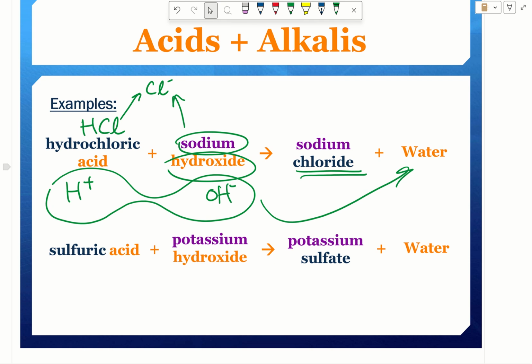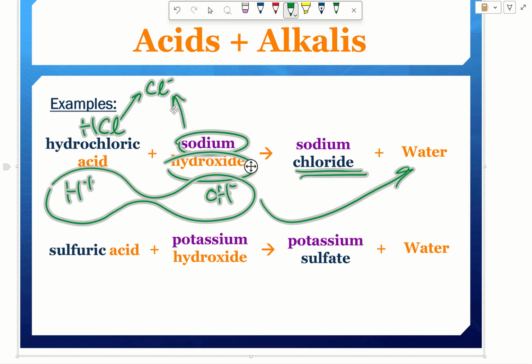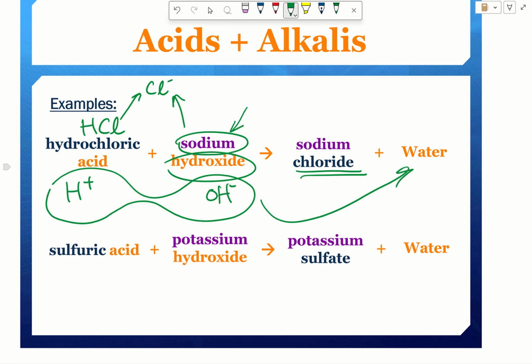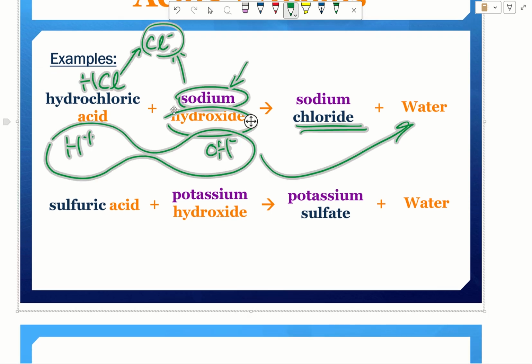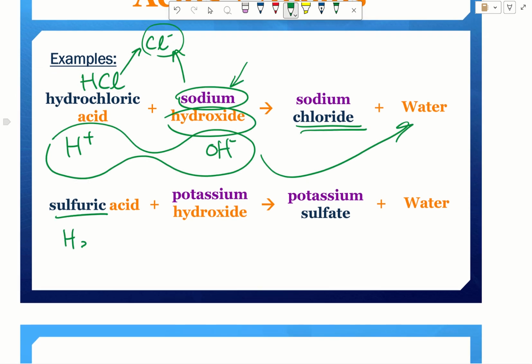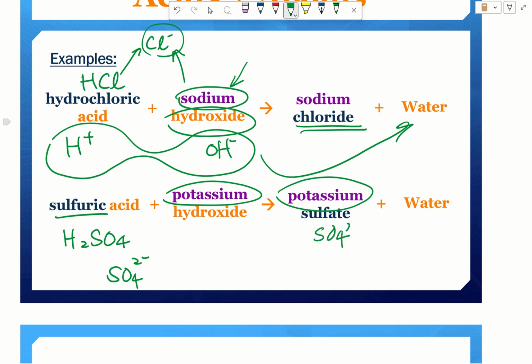So for the salt, you just take the metal, which is the name in front, and then we see what the acid is. If it's hydrochloric acid, then it's chloride. If it's sulfuric acid, it is H2SO4, and it has this functional group called SO4 2-. Now this is my potassium, this is my metal, so I'll make the salt, calling it potassium sulfate.